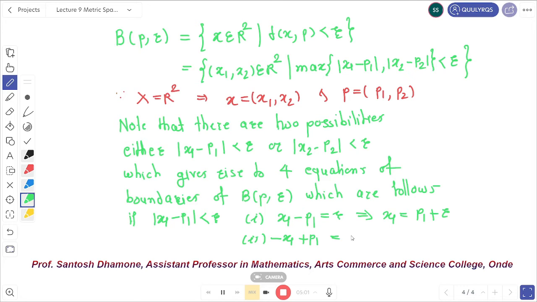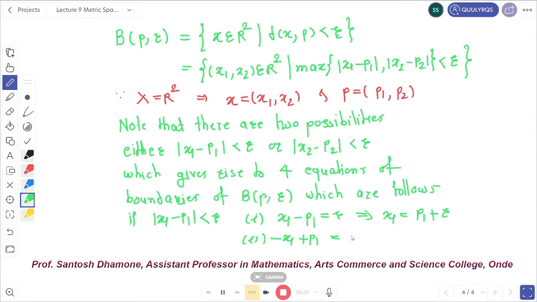If mod x2 minus p2 is less than r, then we get the third equation. x2 minus p2 is equal to r implies that x2 is equal to p2 plus r, and the fourth equation is minus x2 plus p2 is equal to r implies that x2 is equal to p2 minus r.